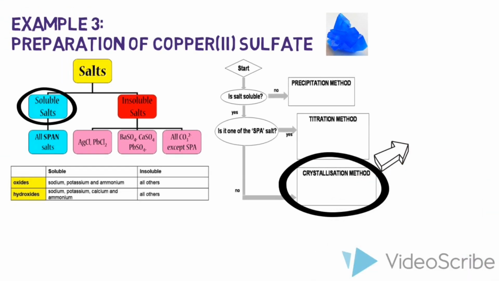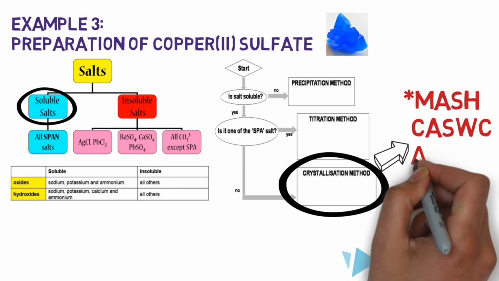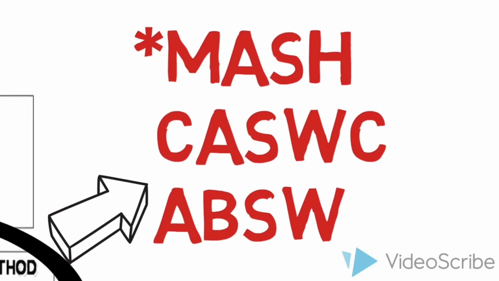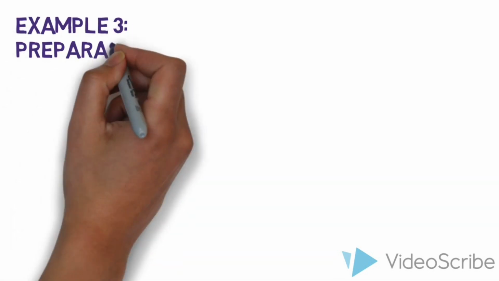The crystallization method depends on 3 reactions that you learned in the chapter on acids. Can you still remember what they are? They are your metal, carbonate, as well as your acid-base reactions. And for this example, I will only focus on the acid-base example of how it can be used.